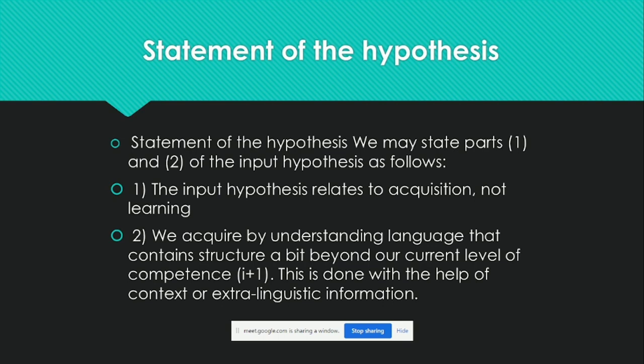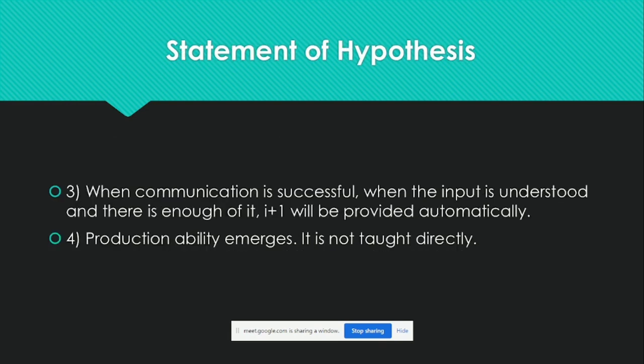Let me explain further number 3: when communication is successfully delivered and the input is understood, then i plus 1 will be provided automatically. And number 4, production ability is acquired, so it is not taught directly. That's all. Thank you.